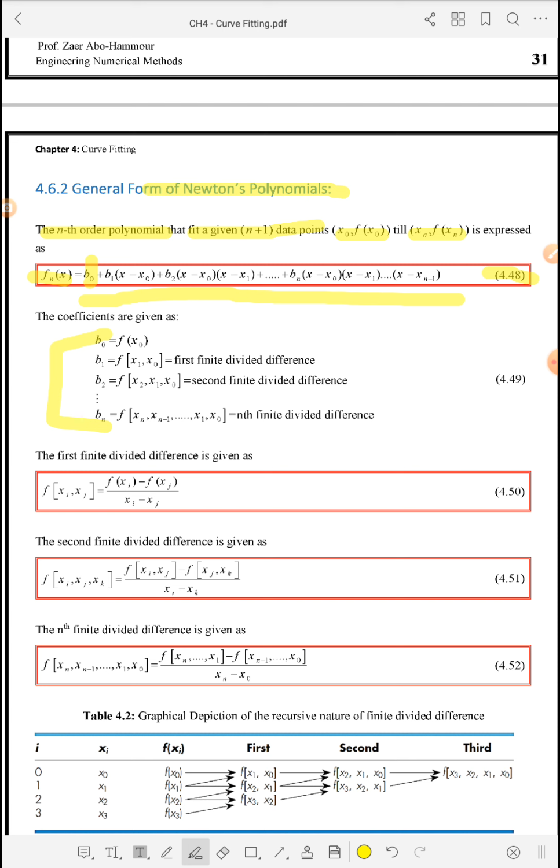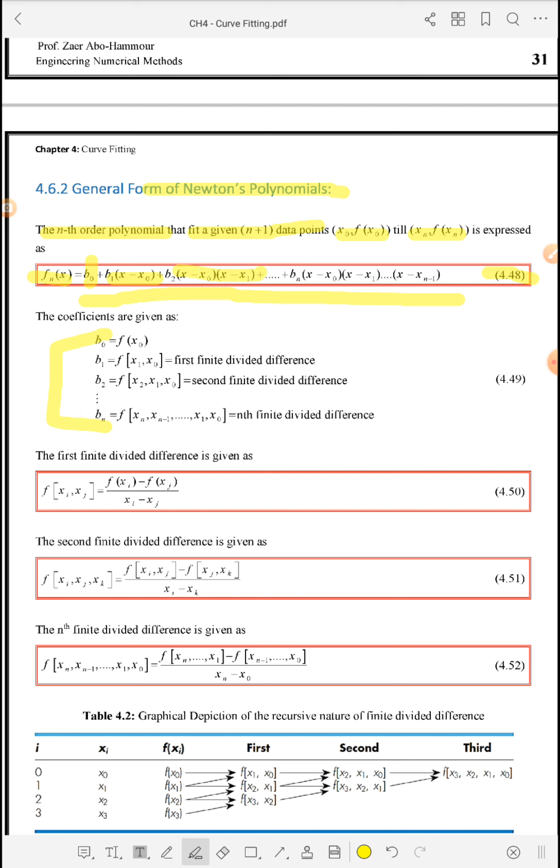Okay, so the first term of this polynomial as given in equation 4.48 is b naught, and it's a certain constant number. The second term is this one, b1 times x minus x naught. So b1 is constant, while x minus x naught gives us the linear term, the first order power. So we are switching from constant to first order polynomial.